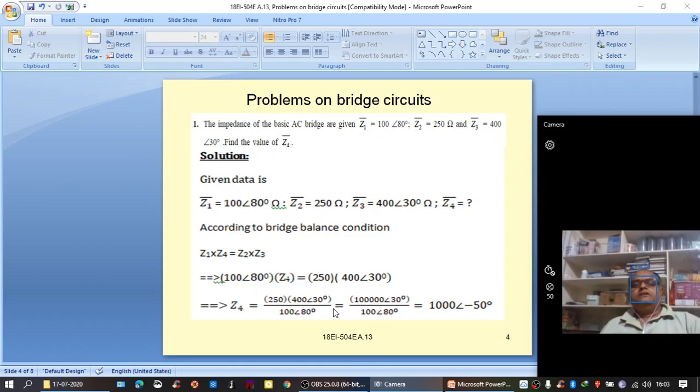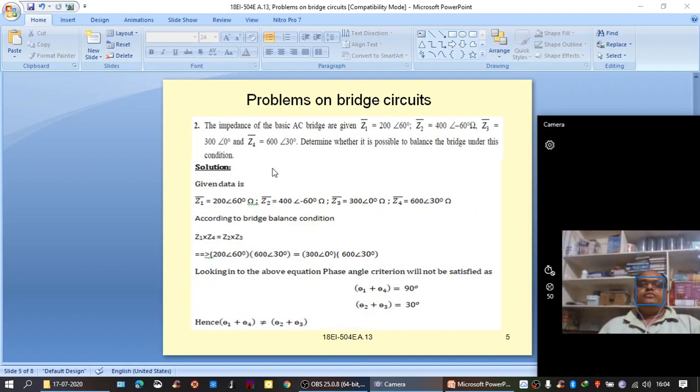So here, Z4 is 250 into 400 at an angle of 30 divided by 100 at an angle of 80. So looking into the phase angle condition, it is 30 degrees minus 80 degrees. So it is minus 50 degrees. Magnitude is 1000 ohms and phase angle is minus 50 degrees. That is the impedance Z4, 1000 at an angle of minus 50 degrees.